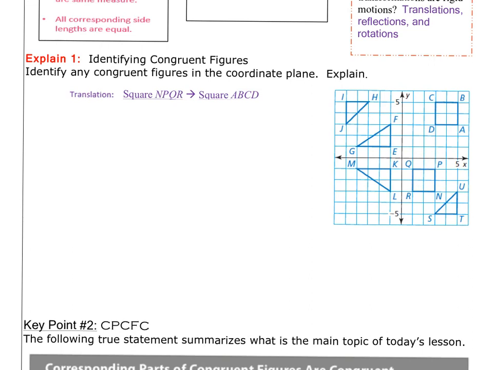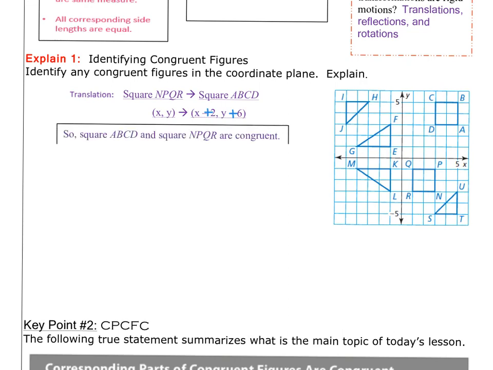So specifically, every xy coordinate maps onto a movement by a translation of 2 to the right. That should actually be a plus, x plus 2, and then up 6, so it should be a plus 6. So our mapping is x plus 2, comma, y plus 6. So with this translation, square ABCD and square MPQR are congruent, so it's a rigid motion.